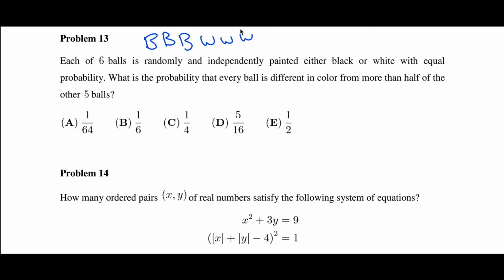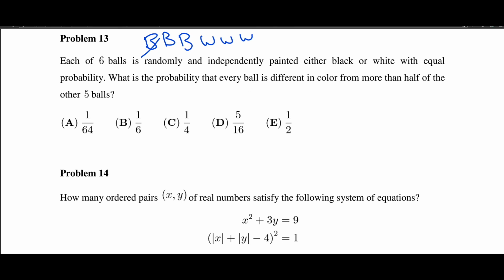So when we take any one out, the majority of the rest 5 is in a different color. Let me give you an example. If we take one of the blacks out, then more than half of the 5 balls is white. So 3 of them are white and 2 of them are black. You can try any one of them and the result is the same. Any other combination does not satisfy the condition.